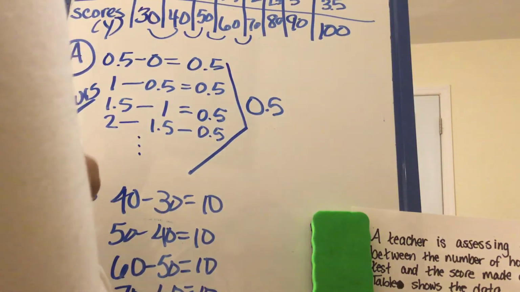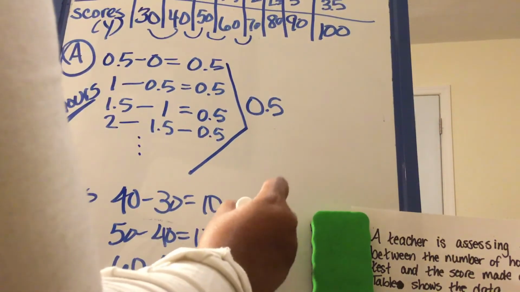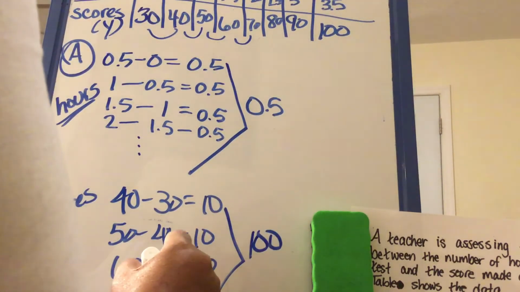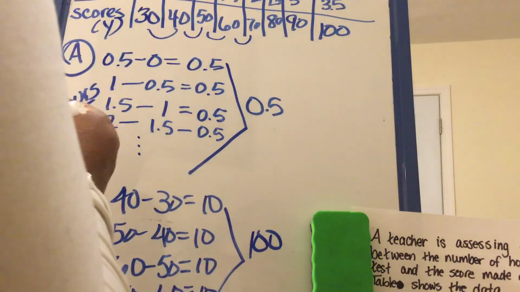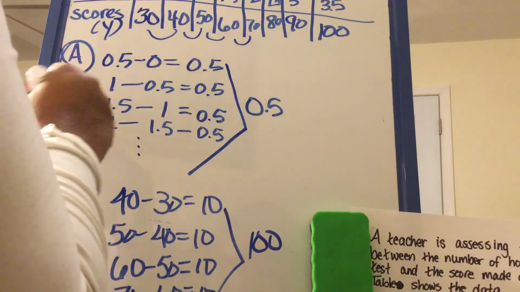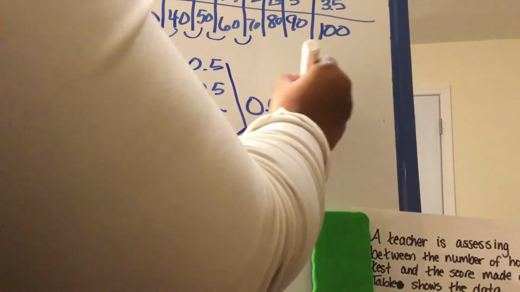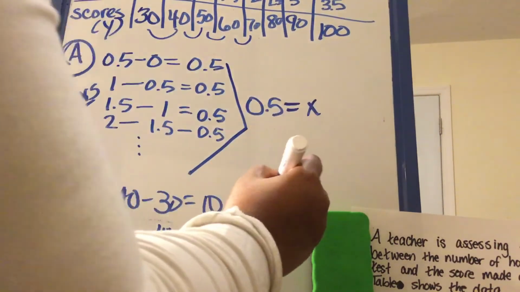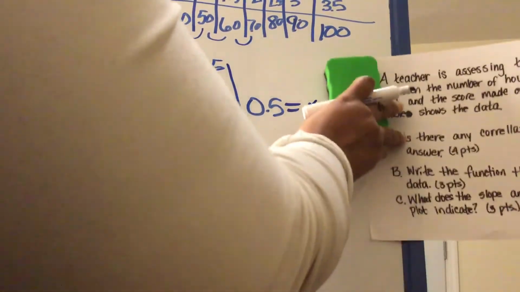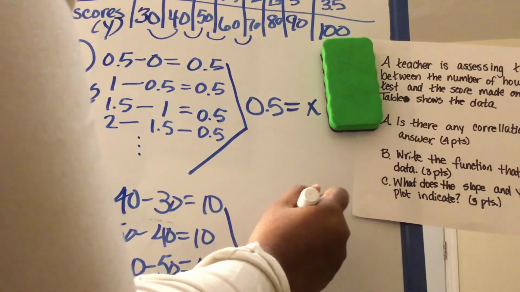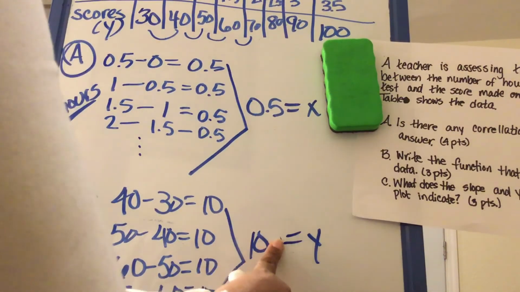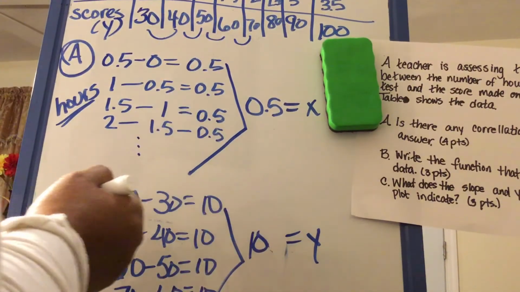And 100 minus 90 is equal to 10. So again, my x value is equal to 0.5 and my y value is equal to what? 10, not 100, 10. Okay?